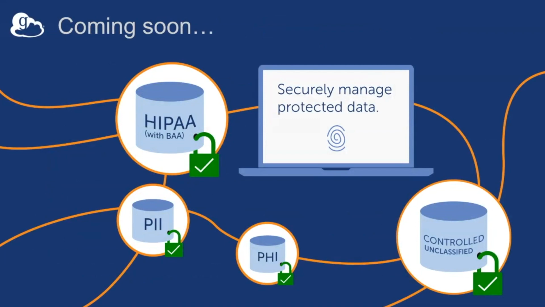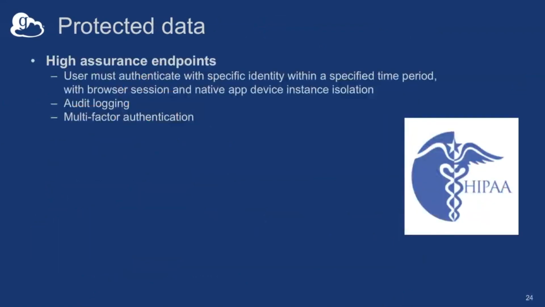So that's all coming soon. But there are also other types of protected data like PII, personal identifying information. This shows up a lot especially in the EU with the new GDPR, as well as controlled but unclassified data. So this is coming down the pipe very quickly.